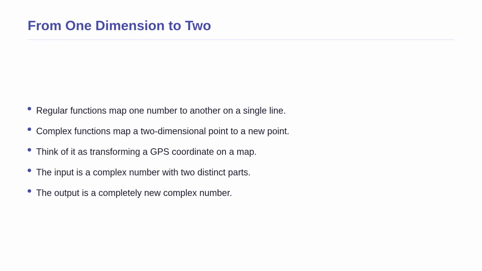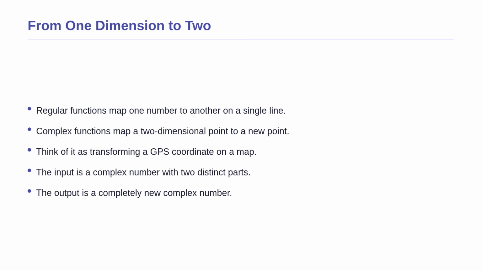To understand what a complex function is, think of a regular mathematical function, like a simple factory machine. You put in a single number, like 3, and it spits out a 9. That is a one-dimensional process, like walking back and forth on a straight line. Now imagine a much more advanced machine.